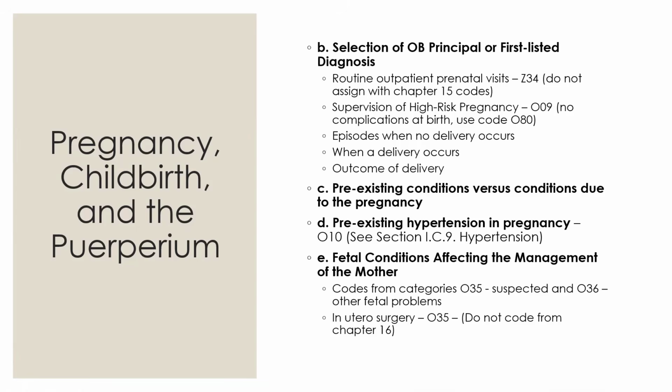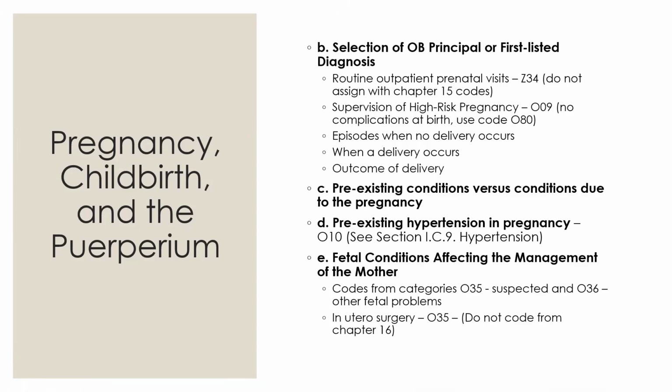For example, by requiring diagnostic studies, additional observation, special care, or termination of the pregnancy. The fact that the fetal condition exists does not justify assigning the code from this series to the mother's record.